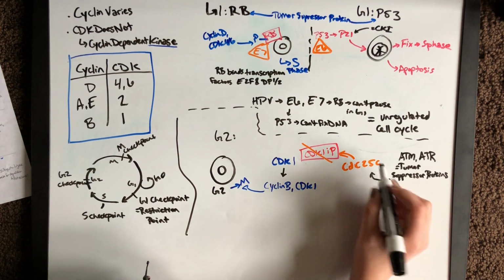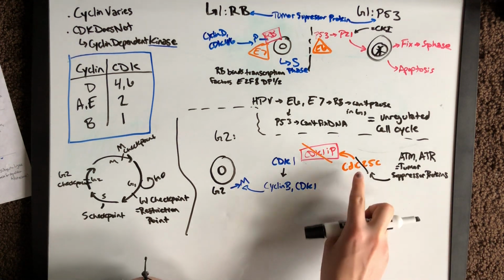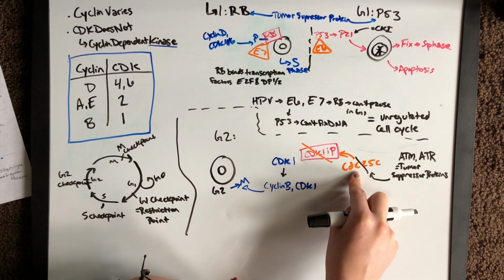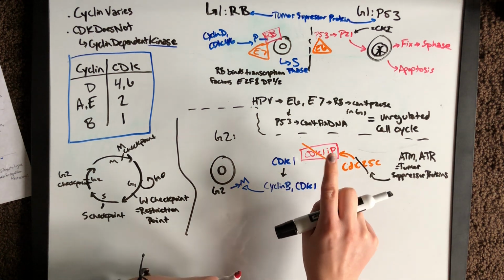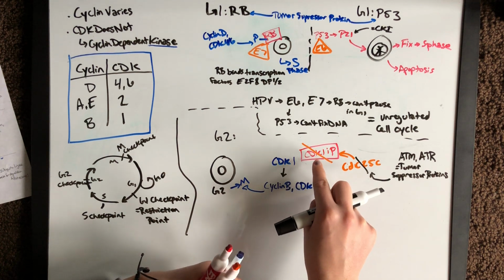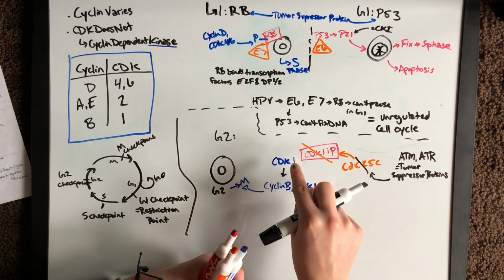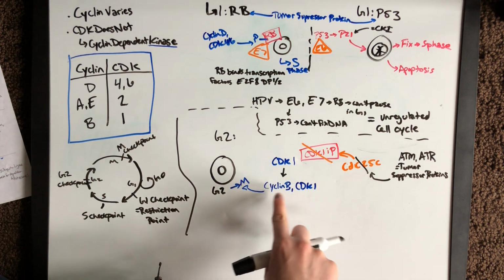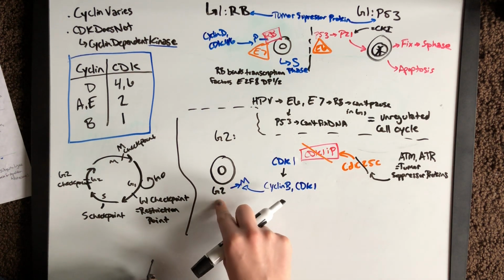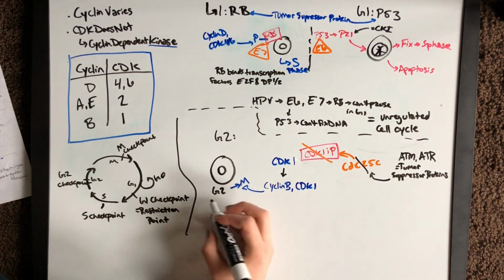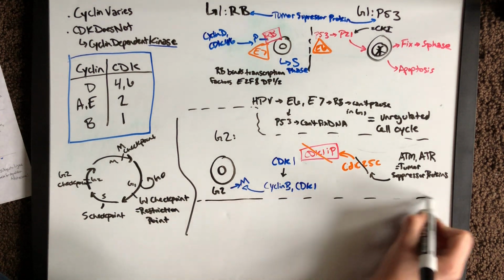So now CDC25C is not able to come in and knock out our CDK1 inhibitory phosphotyrosine. So we're going to have this inhibition of CDK1, and we're not going to be able to form an active cyclin-CDK complex. So our cell's going to stay in our G2. Okay. So that's G2.